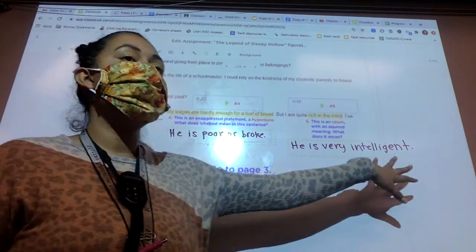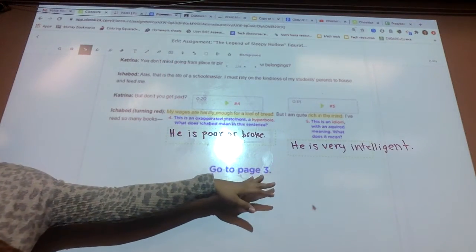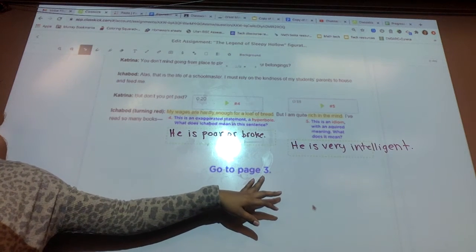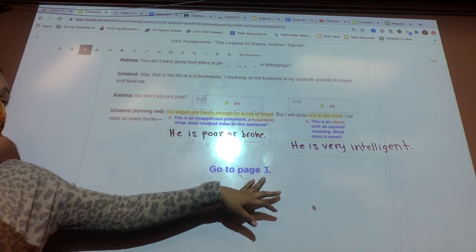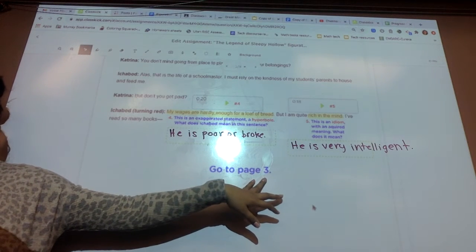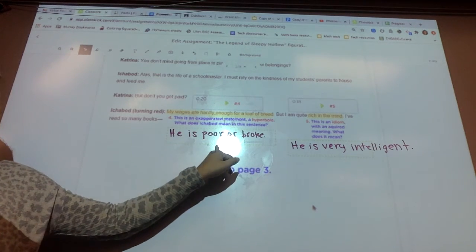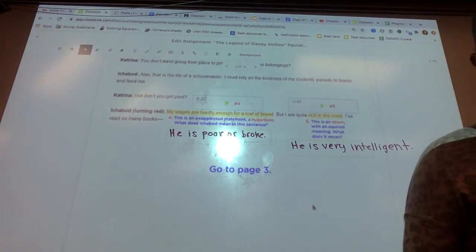He is very intelligent. 10, 9, 8, 7, 6, 5, 4, 3, 2, 1. Okay, so number 4 was he is poor. Number 5 is he is very smart.